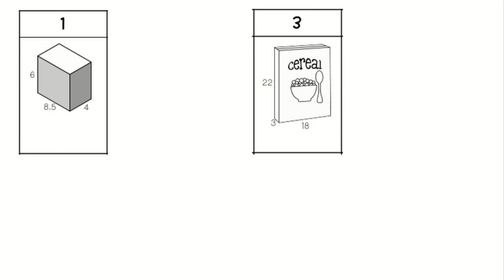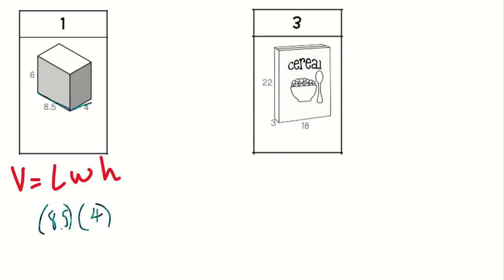Find the volume. Write your formula first, guys. Length times width times height. And then plug in numbers. Length, 8.5. Does it really matter which I pick? No, because they're all getting multiplied and the order does not matter. But we can see that the height, 6, is how tall it is, so naturally that's the height.